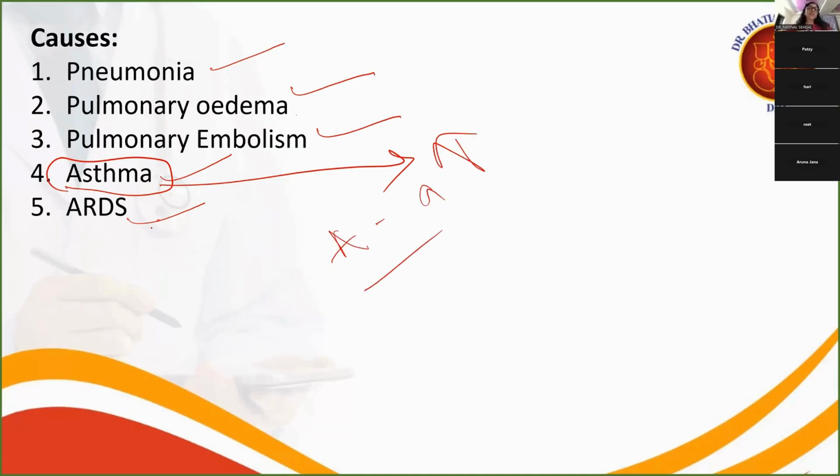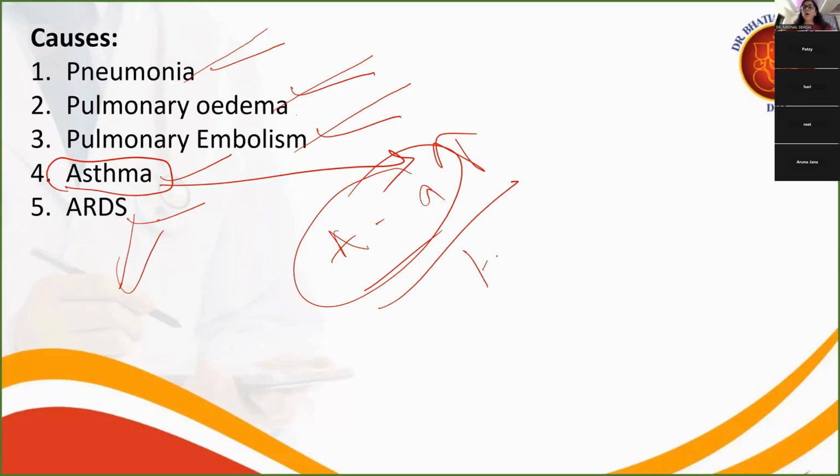They cause this because of the deposition of plasma proteins, because of the diffusion of interstitial fluid, because of perfusion defects, because of ventilation defects. So there is increased alveolar arterial gradient with hypoxemia and with hypocarbia.